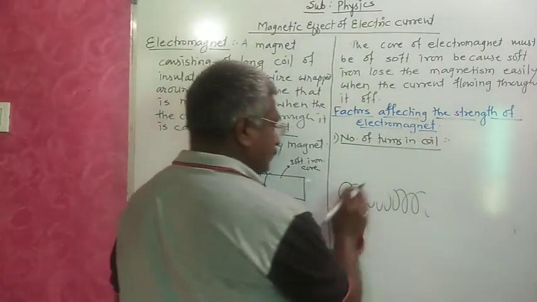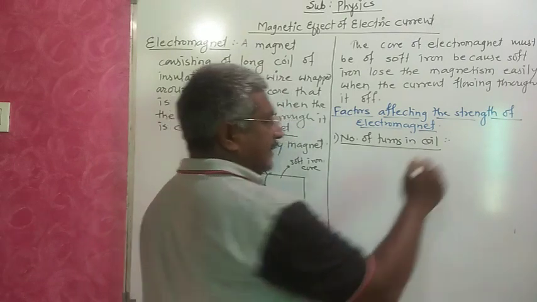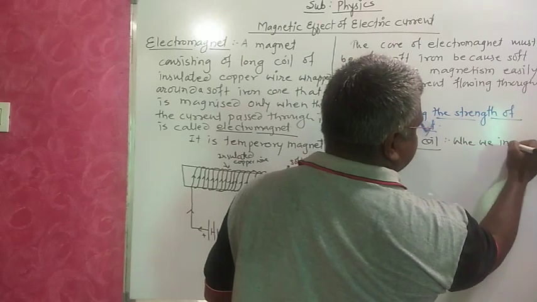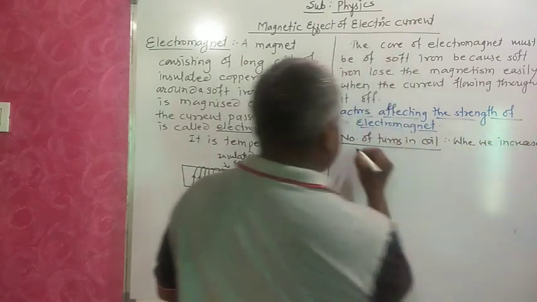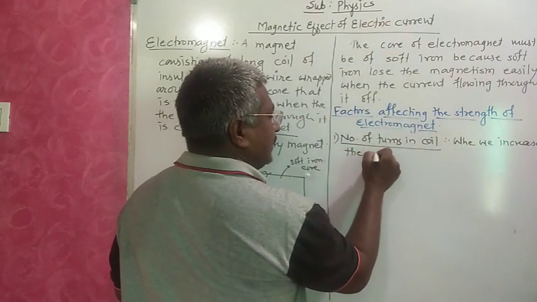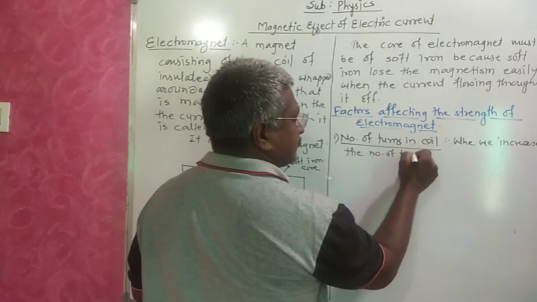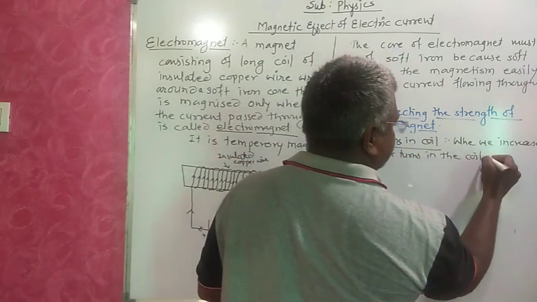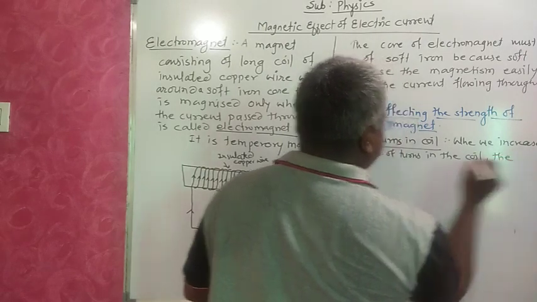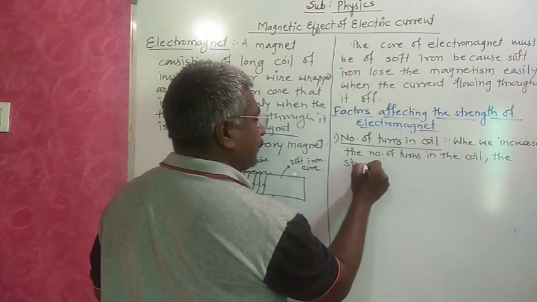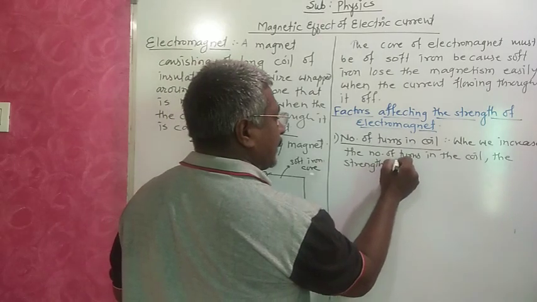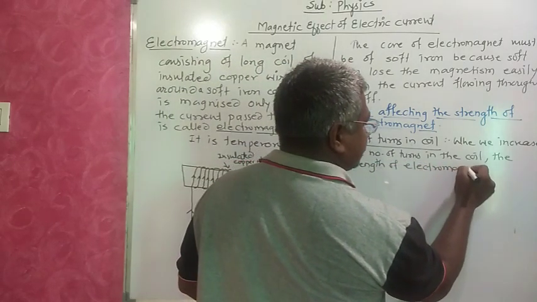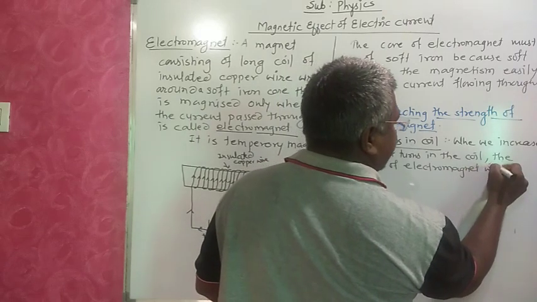Understood? So what can we write here? When we increase the number of turns in the coil, the strength of the electromagnet will increase.